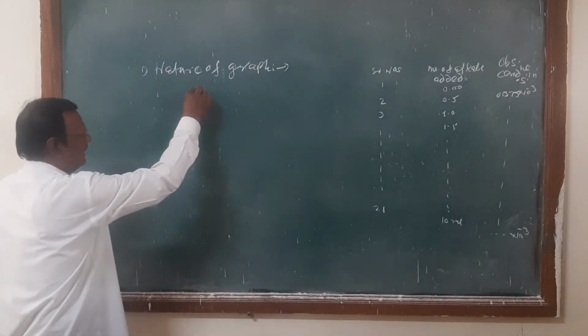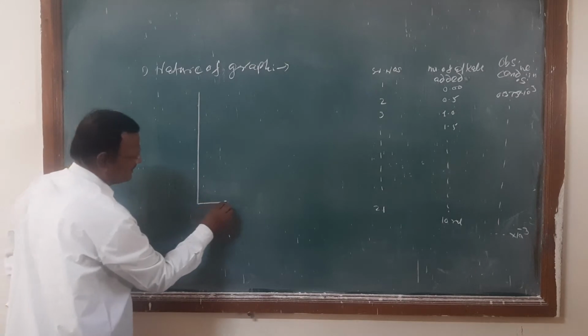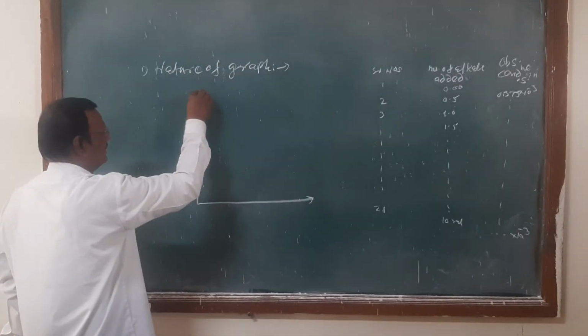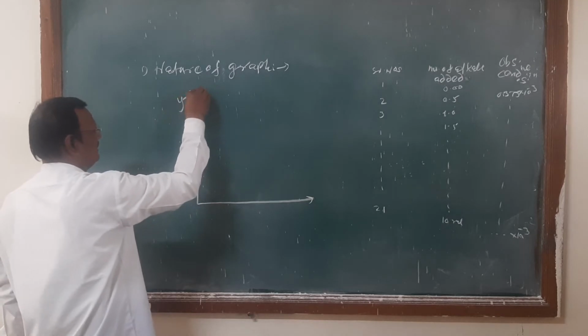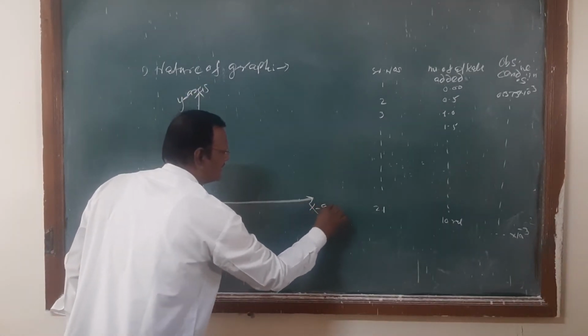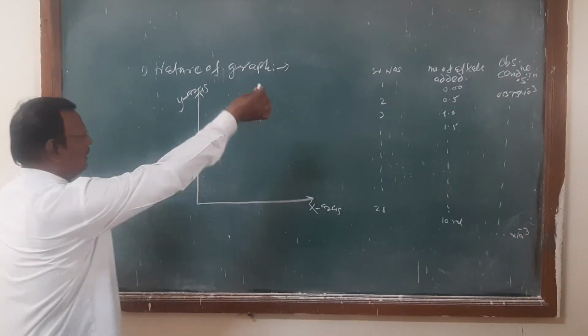Let me also represent the nature of graph in this manner. This one is the x-axis and this one is the y-axis.